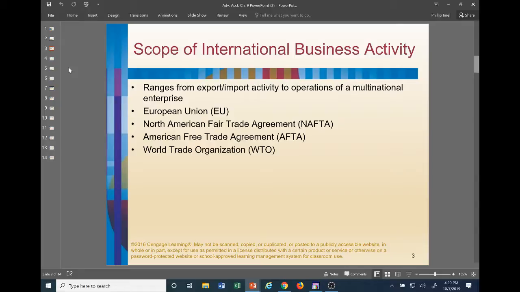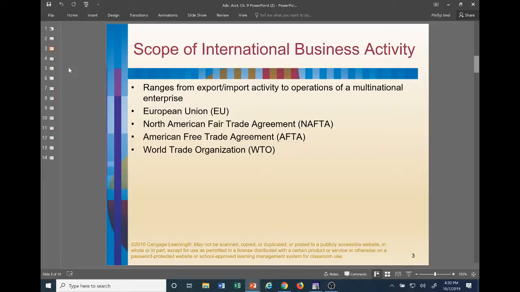Now, since World War II, international trade has increased significantly, and many more goods and services are becoming part of a global economy. Now, the growth of the European Union has been responsible for reducing the economic barriers between nations by forming a single market with its own common currency, known as the euro.